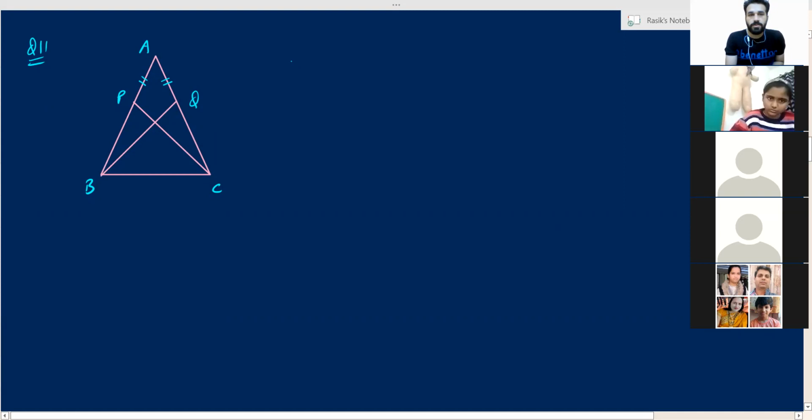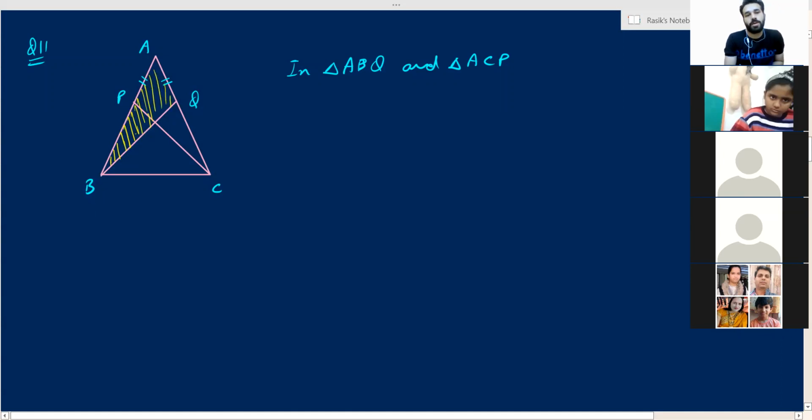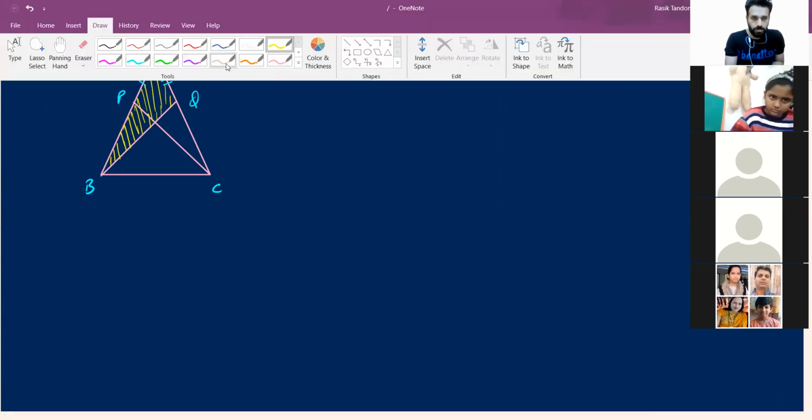Okay. So we will be proving congruency in triangle ABQ and triangle ACP, in these two triangles. Let me shade the two triangles. The first one is triangle ABQ, and the second one is triangle ACP.